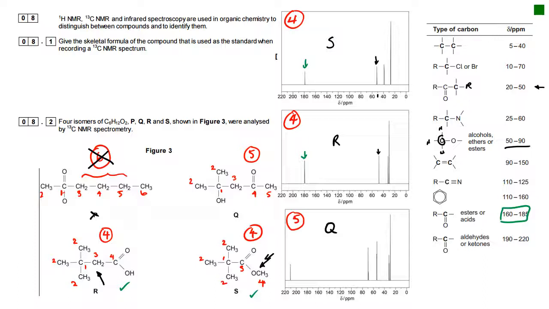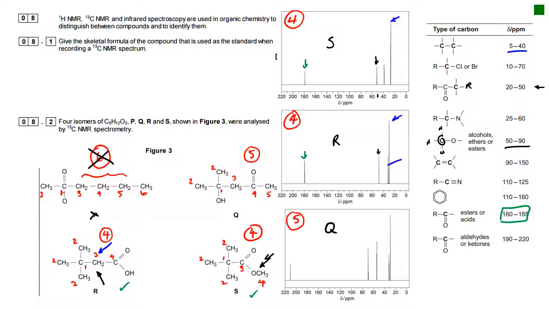Let's change colour again and have a look at these 2 peaks. These 2 peaks are carbon-carbon double bonds, and of course there's loads of carbon-carbon double bonds in R and S as well, and there's also a carbon-carbon double bond in our CH2 part of the R molecule, which is slightly different to the other ones, but only a tiny amount different.